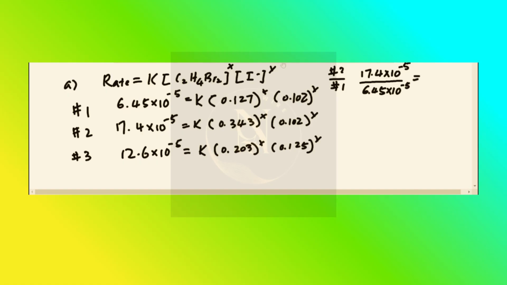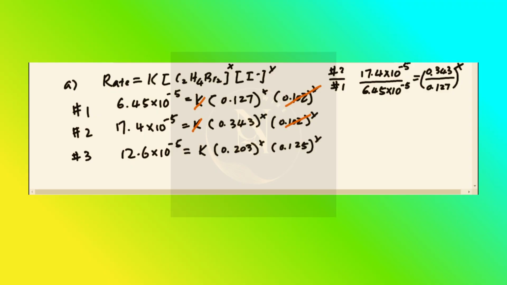And on the right side, when we divide 2 by 1, we cancel this. We also cancel this. So what we are left with is 0.343 to the power of 0, or divided by 0.127 to the power of x.